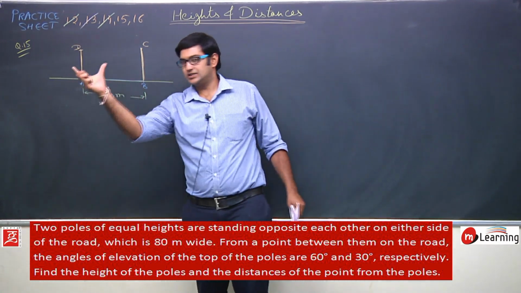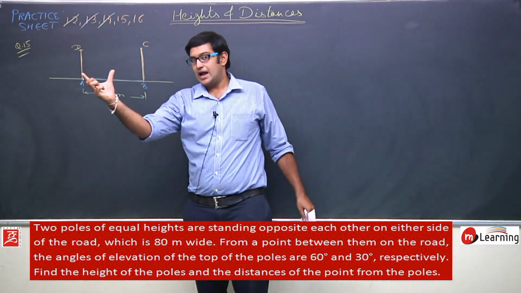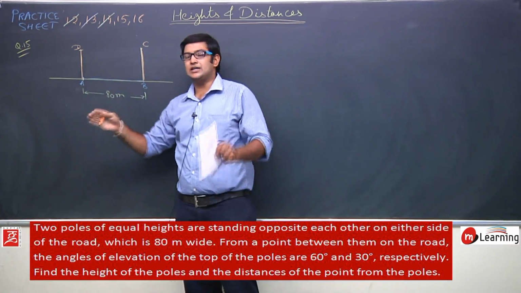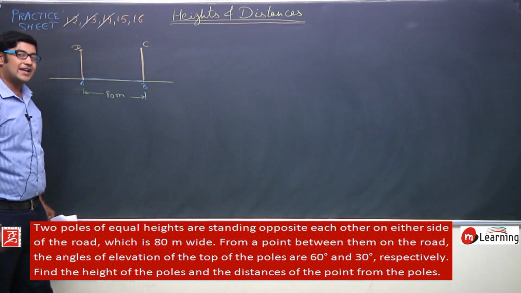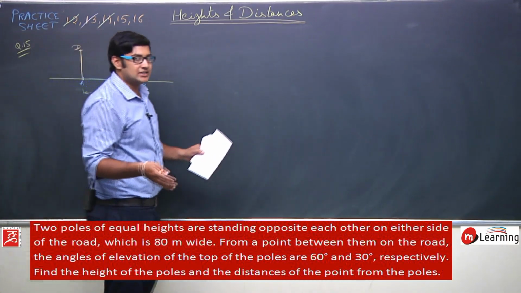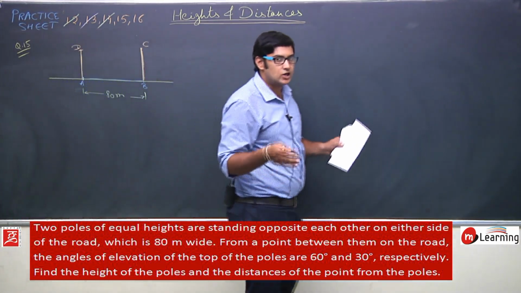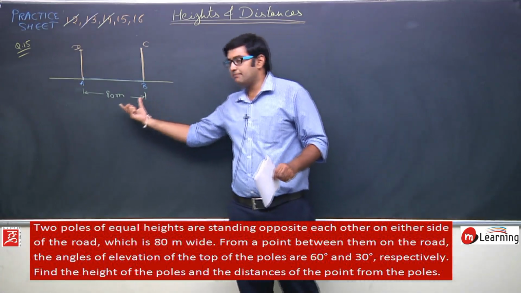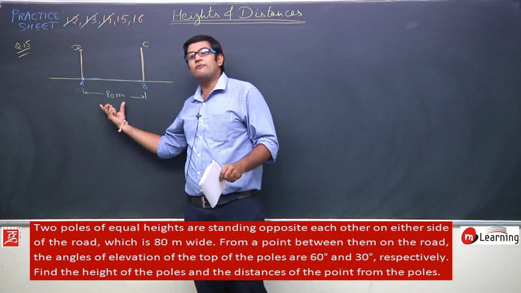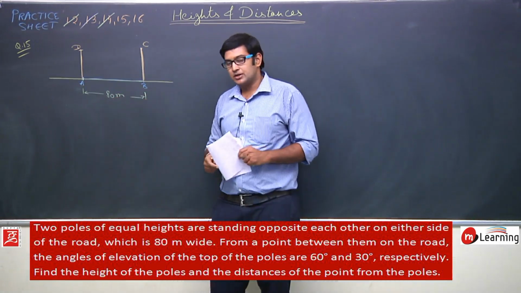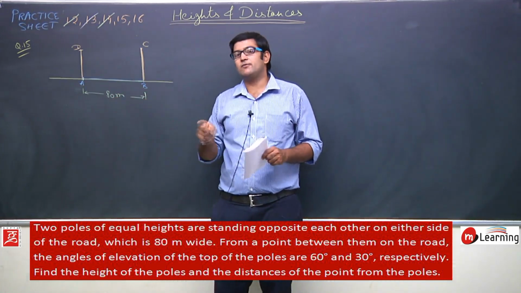So the road is like this, it is moving like this, and I can see two poles standing at the two ends of the road, which is 80 meter wide. So what I can say is, the gap between the two poles is 80 meters. The two poles are placed at a gap of 80 meters. The road is given just for confusing you.